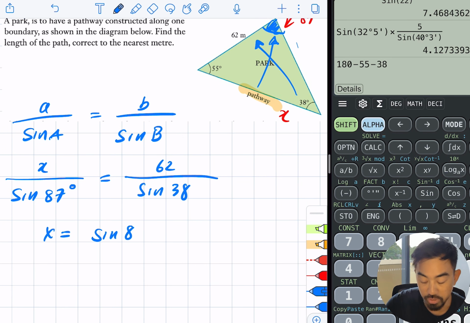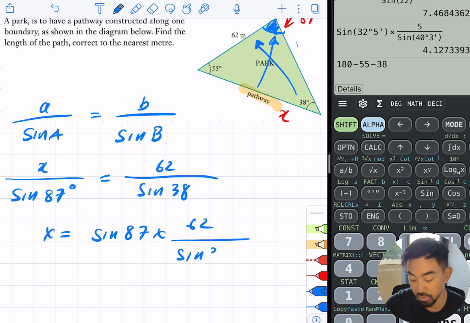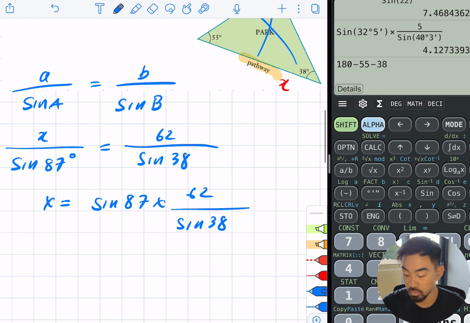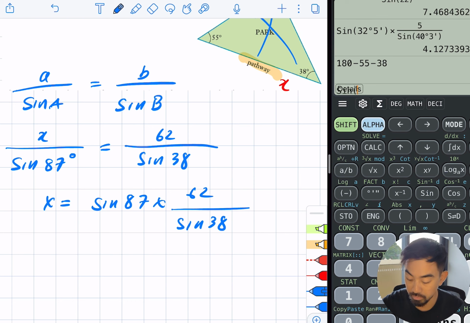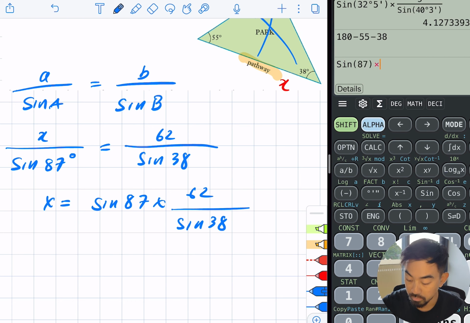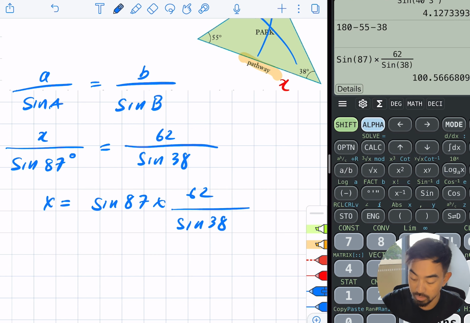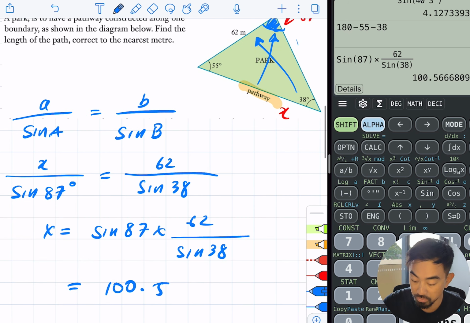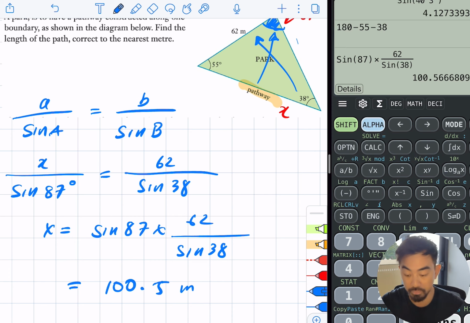So sine 87 times 62 over sine 38. Pop that in the calc. Right, 62 over sine 38, and that gives me 100.5 meters.